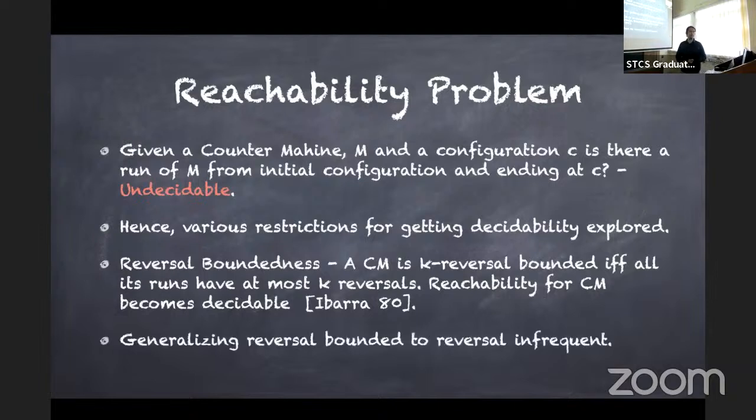It means that given a counter machine, you can say that no k reversal run can reach this configuration. There might be k plus one reversal runs.